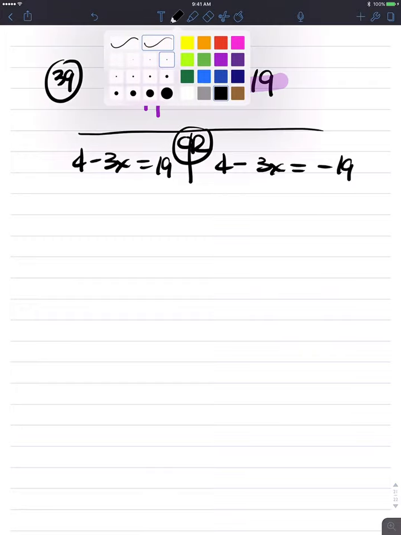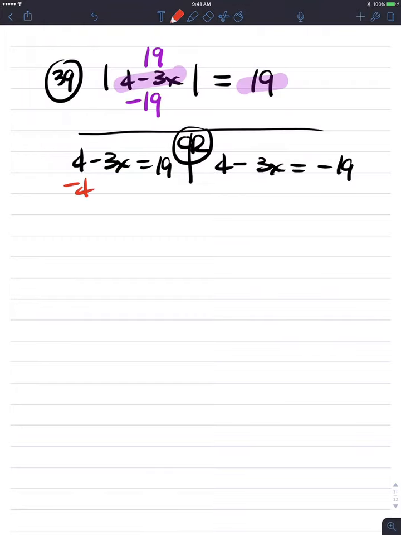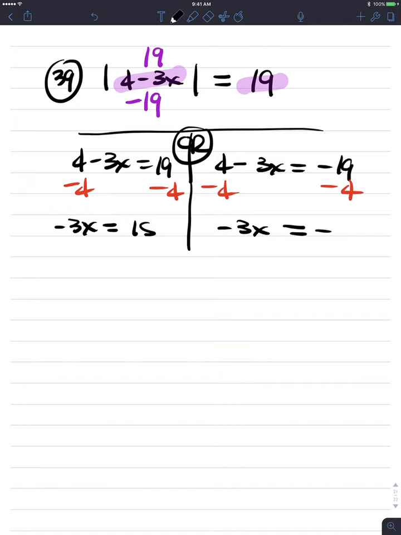Let's solve our equations here. Subtract 4 from both equations. I get negative 3x is 15. Negative 3x is negative 23. Let's divide both sides now by negative 3. Cancel and cancel.